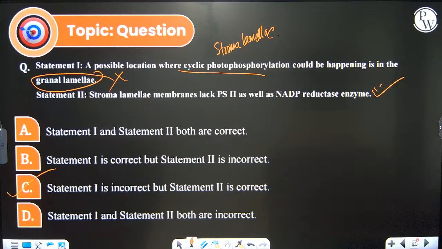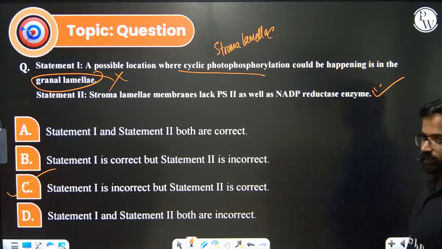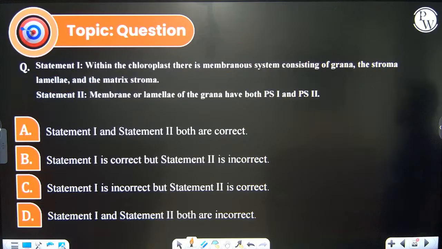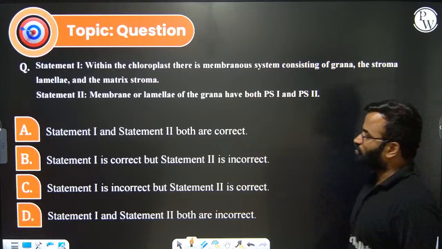Please check the answer. Next, question number 32.